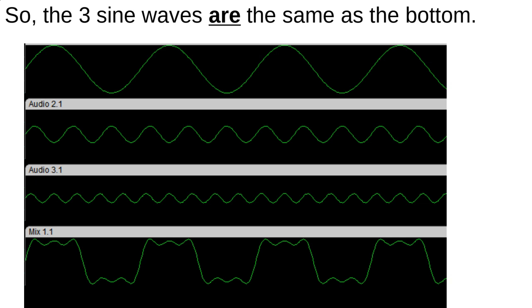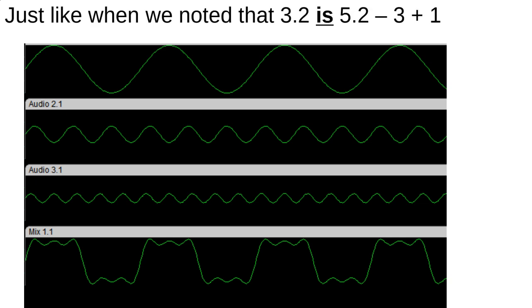So the three sine waves are the same as the bottom, just like when we noted that 3.2 is 5.2 minus 3 plus 1.